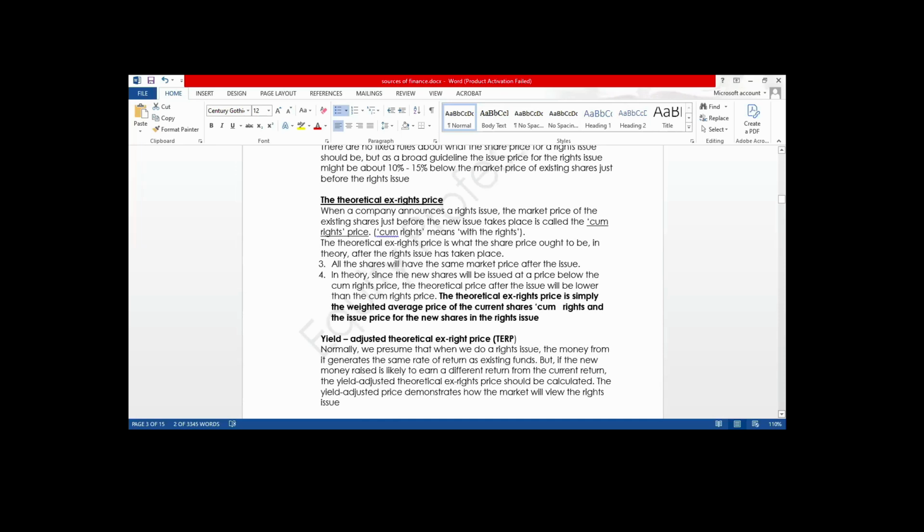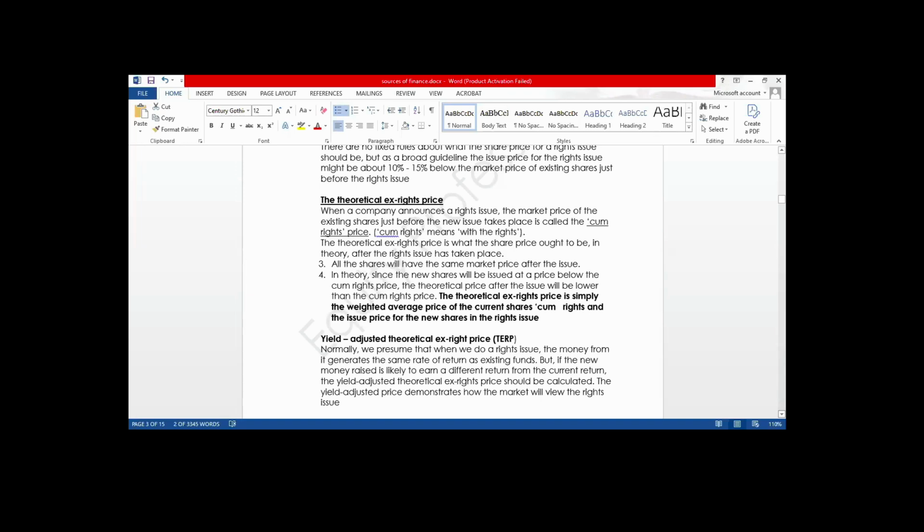The theoretical ex-right price is what the share price ought to be in theory after the rights issue has been completed.